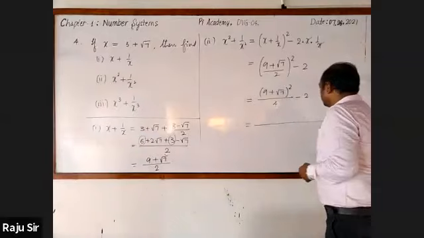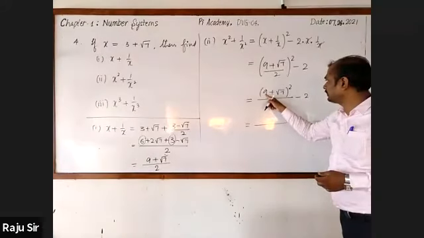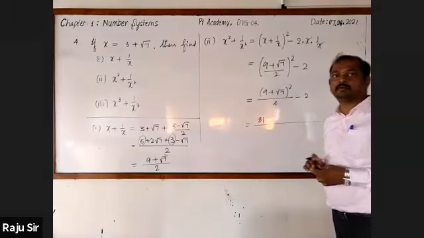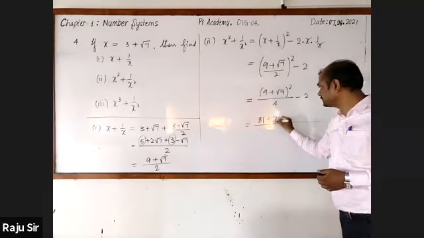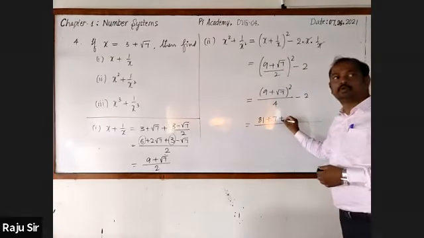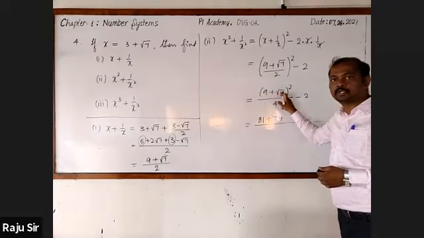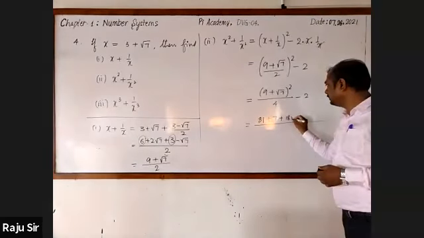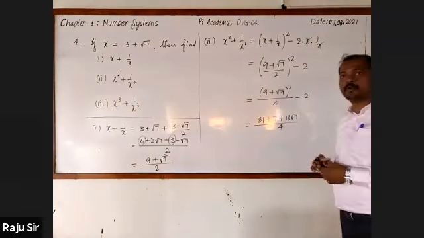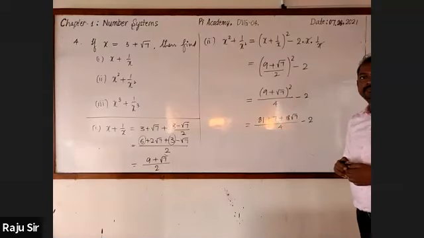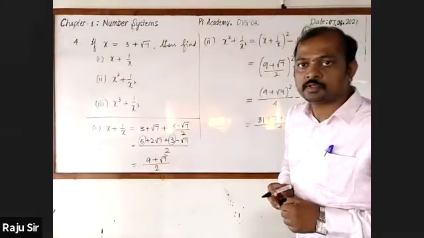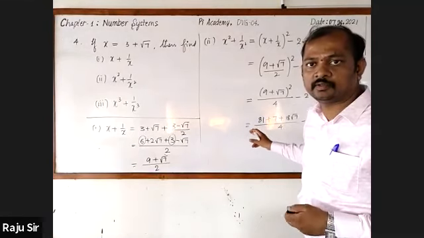Now this is equal to, apply a plus b whole square: a square, 9 square is 81, plus b square, root 7 whole square is 7, plus 2ab, 2 into 9 into root 7. 2 9s are 18, then root 7, by 4 minus 2. Ketan, are you following? Yes, sir.